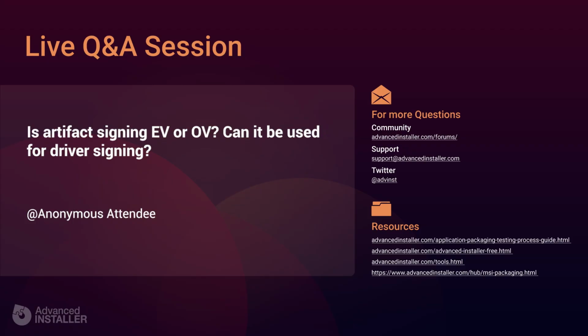One more question: is artifact signing EV or OV? From what I know, that's not EV, but you can give us more details. And can it be used to sign drivers? Yes, it's not EV or OV, so we have a different model.